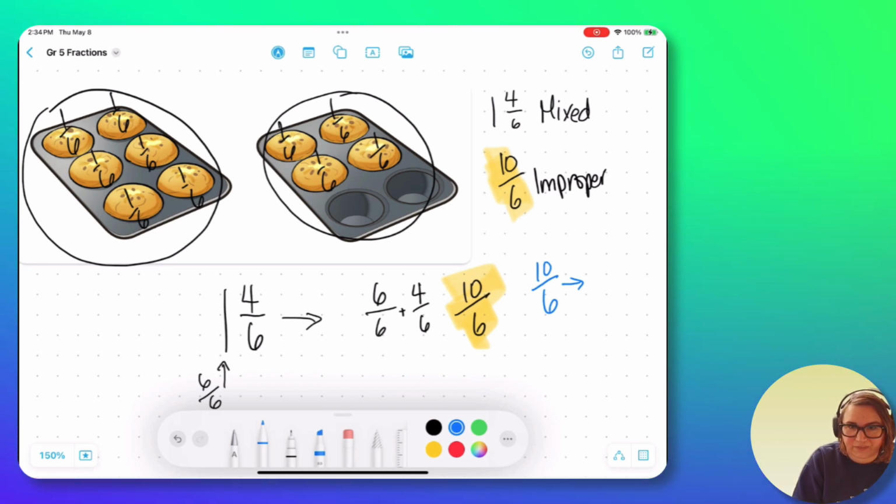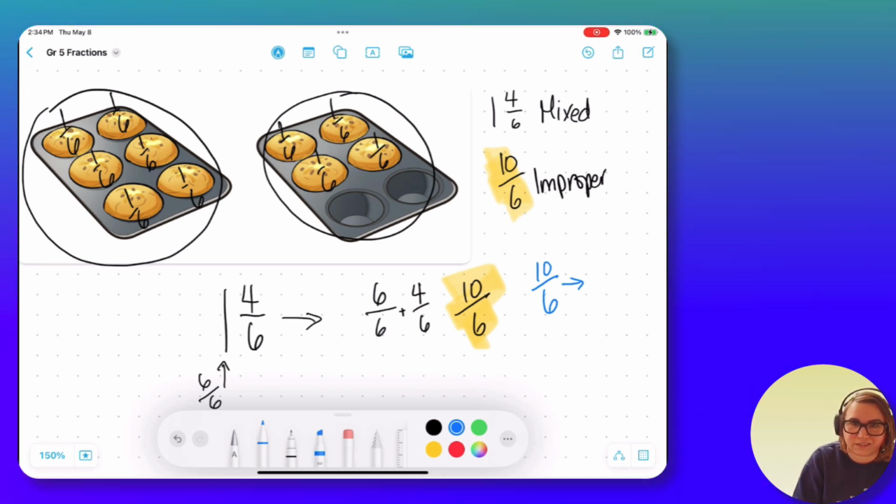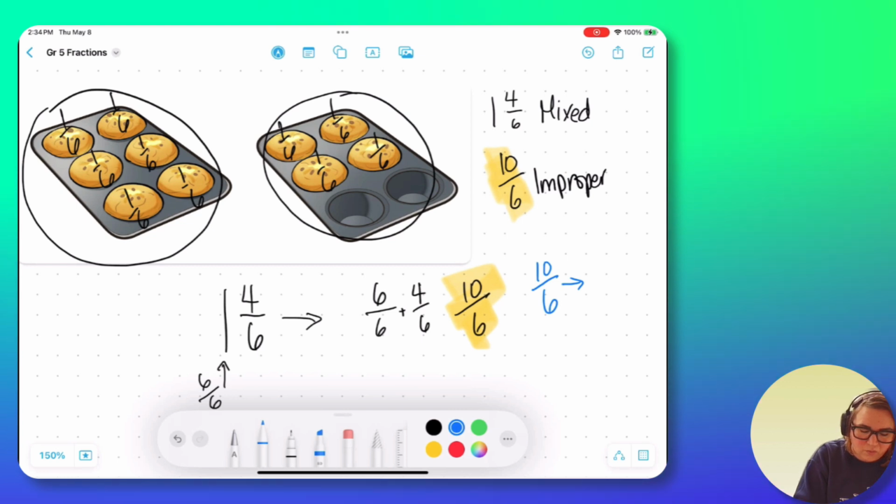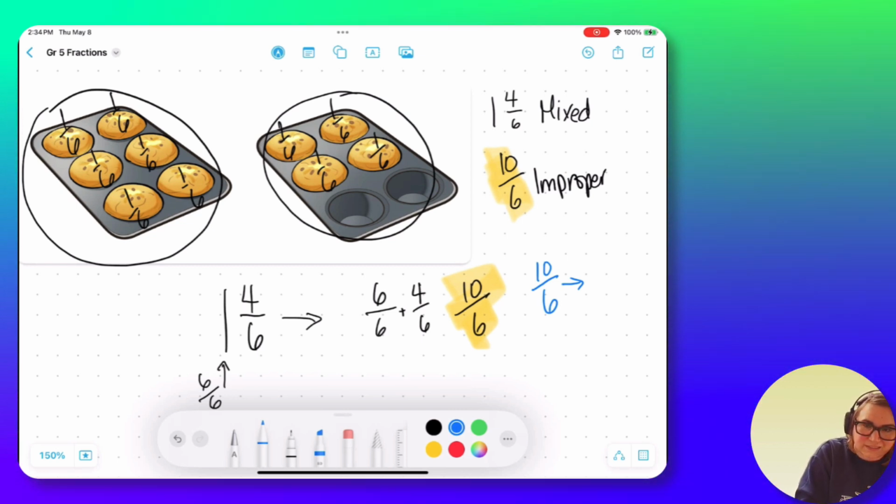Well, that's easy to figure out because our whole is divided into sixths. So out of that 10, 6 of them are going to make up the whole. So we definitely have one whole. Do we have two wholes? How many sixths are going to be in 2 wholes? Well, that would be 12, right? So we don't have enough. So we definitely have one whole.